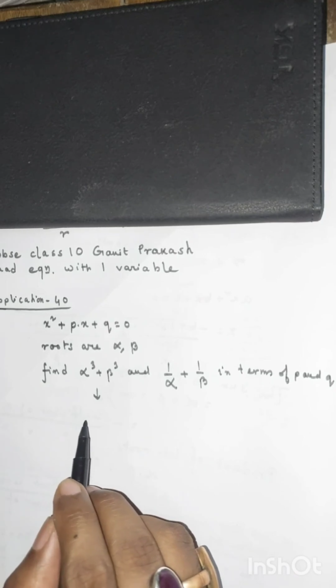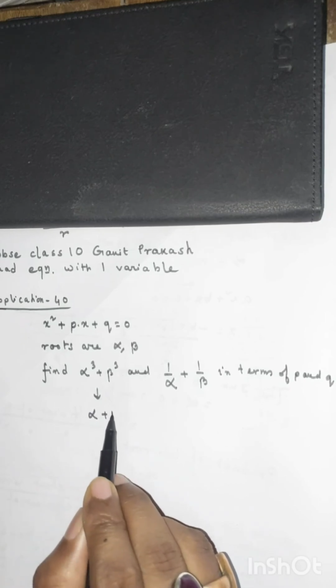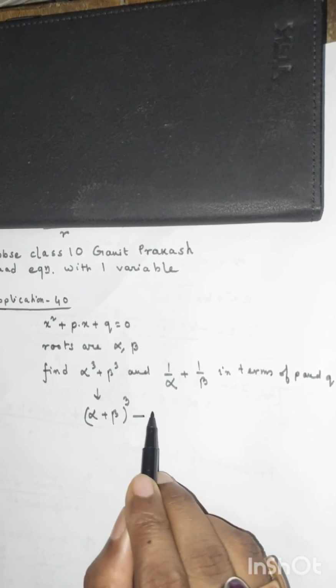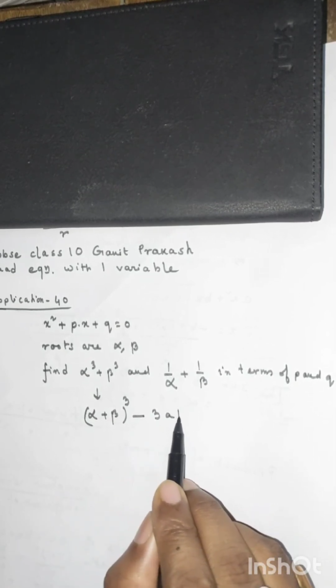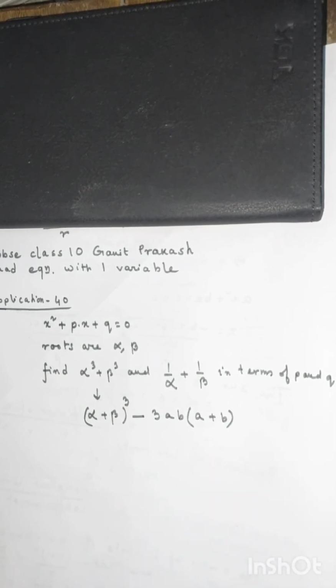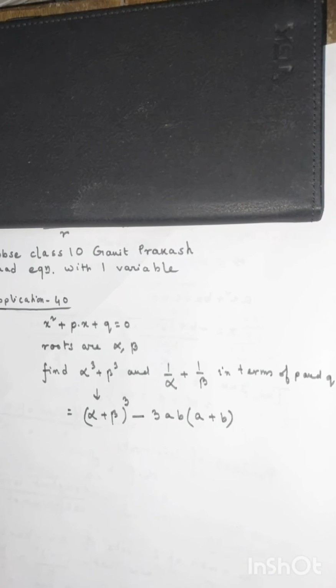So alpha cube plus beta cube should be equal to alpha plus beta whole cube minus 3 alpha beta into alpha plus beta.